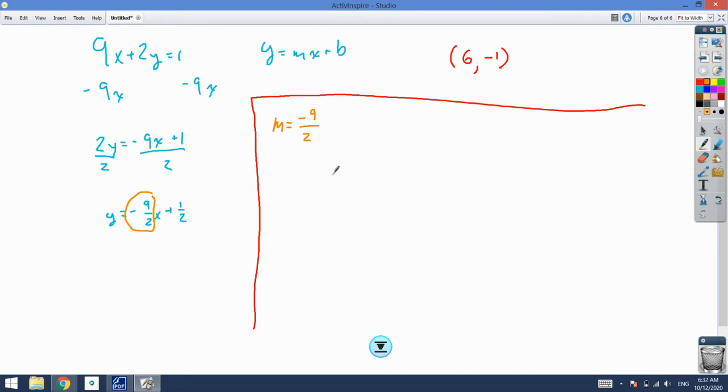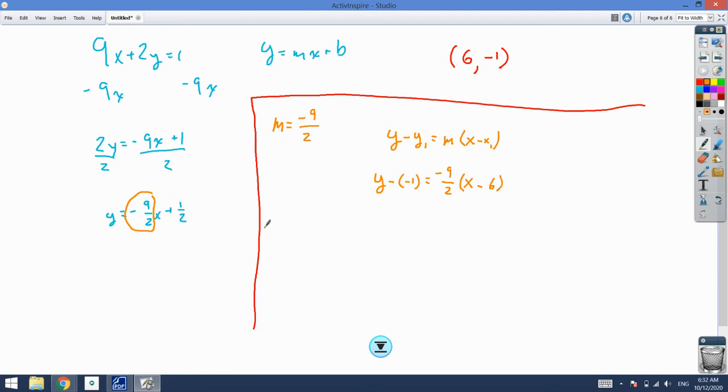So we can substitute into the form y minus y1 equals m times x minus x1, where y minus negative 1 equals negative 9 over 2 times x minus 6.